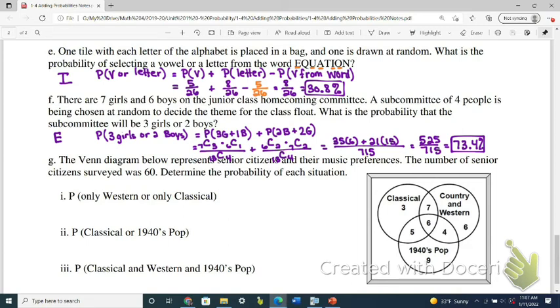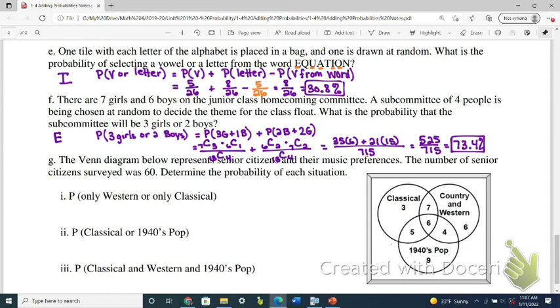So, we have 60 total in here, but if we add them up, the number is less than 60 because not everyone is accounted for in here. They only put 3 different choices of music on here. Some people probably like to listen to others.